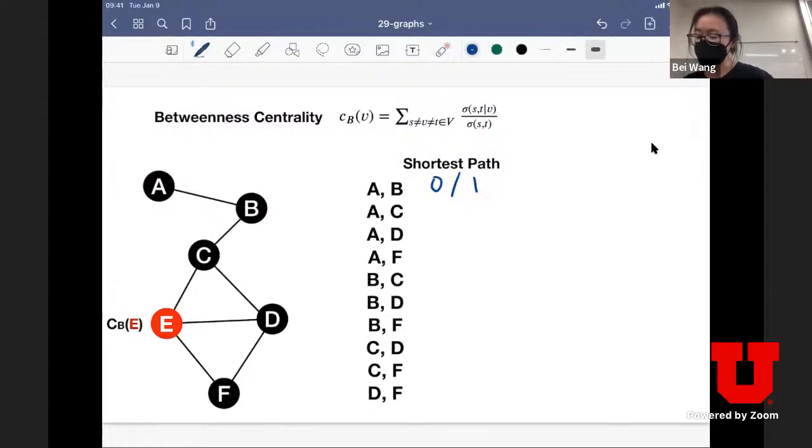Now, between A and C, can somebody tell me how many shortest paths there are between A and C? Somebody's talking, I couldn't hear, or you can type.